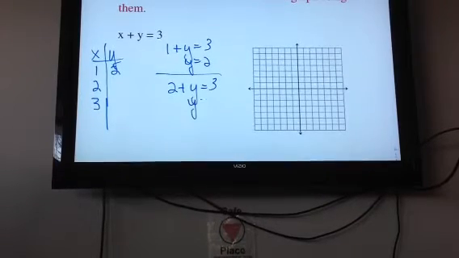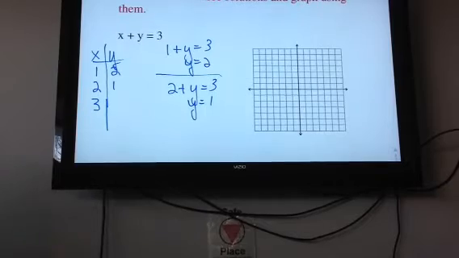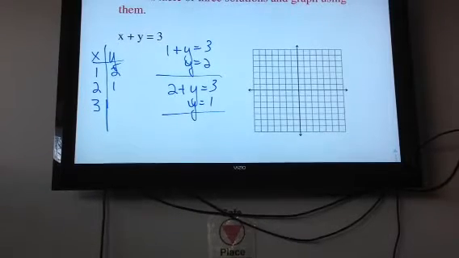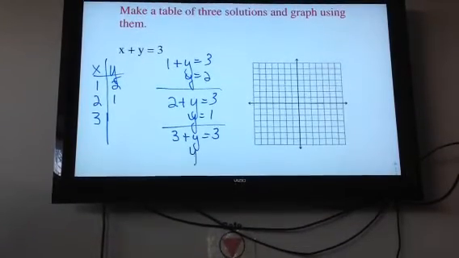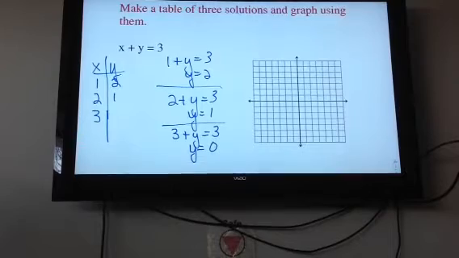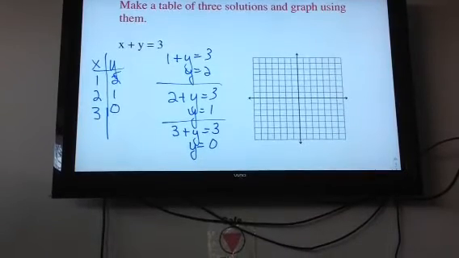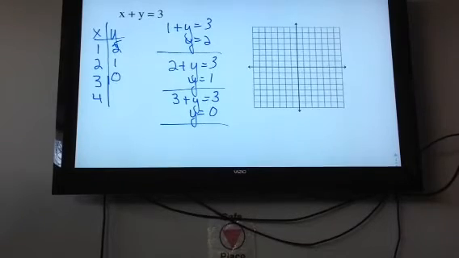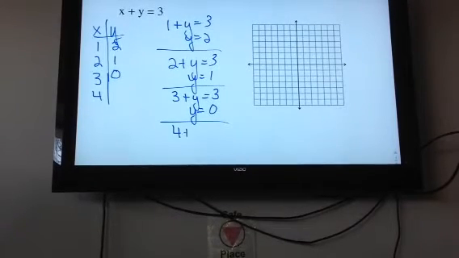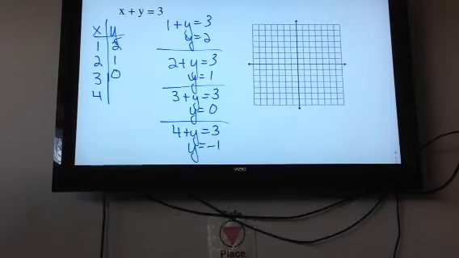Subtract 2 and y is 1. Plug in 3. 3 plus y is 3. When I subtract 3, I get 0. So I am going to do a 4th point then. I want 3 points that are not the intercepts. So I'll just do 4. 4 plus y is 3. Subtract 4, y is negative 1.